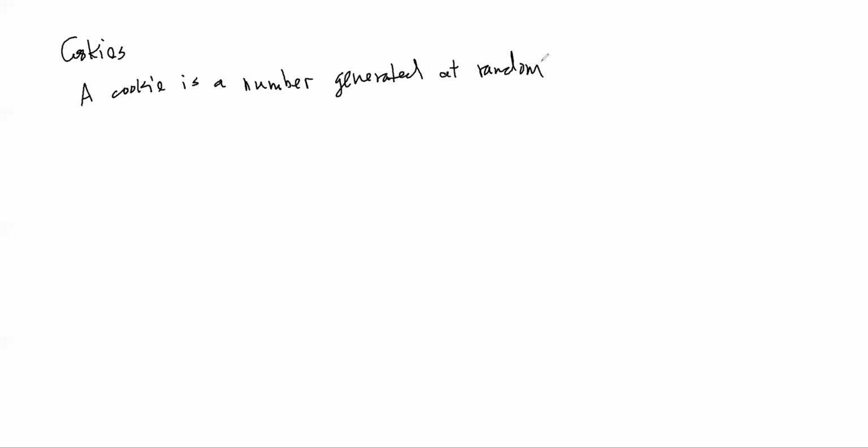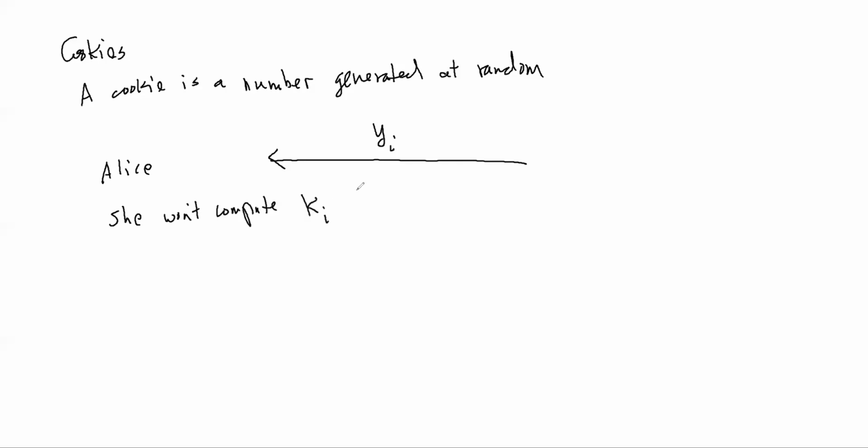So the idea then is, upon receiving a request of computation of Yi from whoever, Alice won't compute Ki right away.